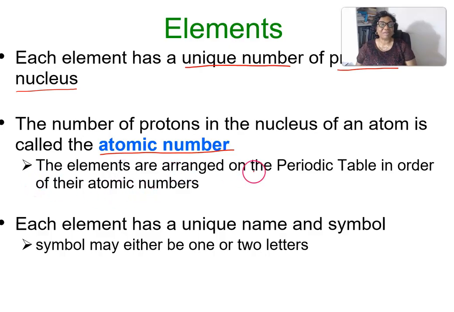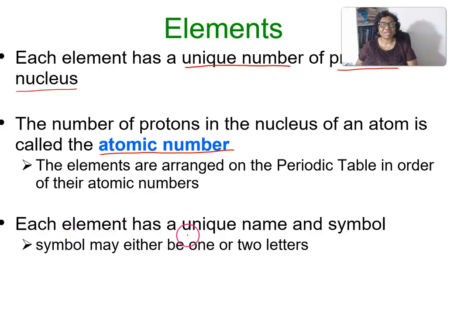And the elements were arranged in the periodic table in order of the atomic number, because the atomic number, the number of protons, determines the element. So when you change the number of protons, you change the elements.